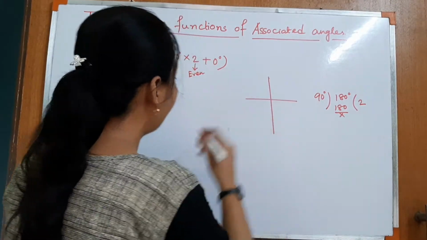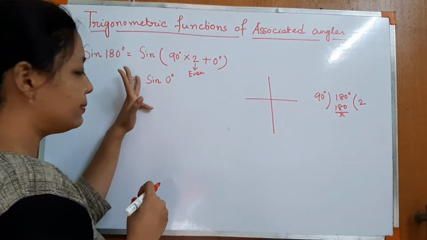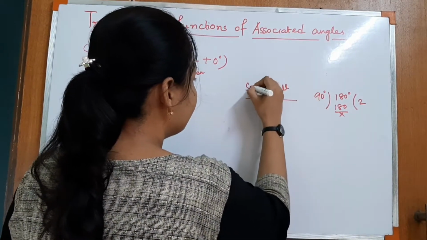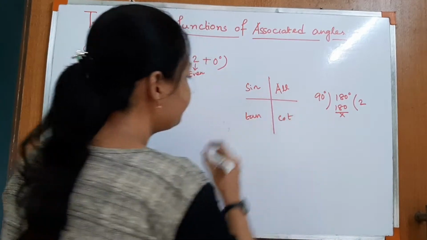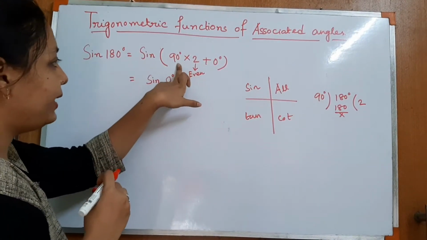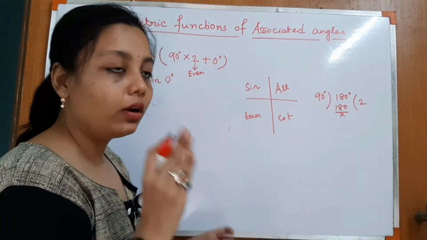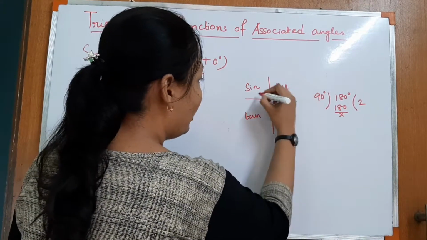we have to take the sign in it. Which sign occurs in this place? This is all, this is sine, this is tan and this is cot. Since here 90 is multiplied by 2, we have to count 2 times, that is all and sine.